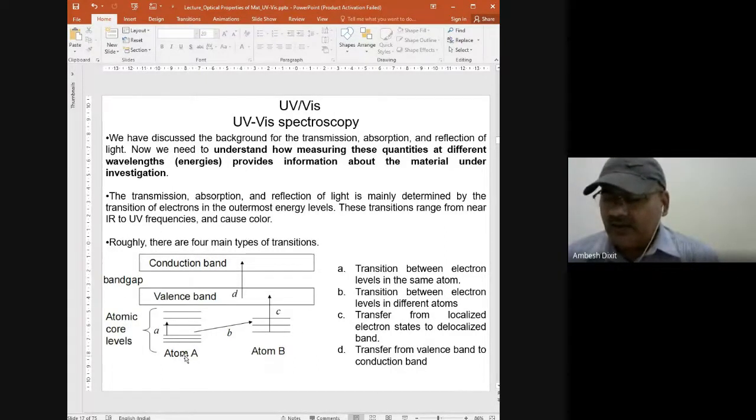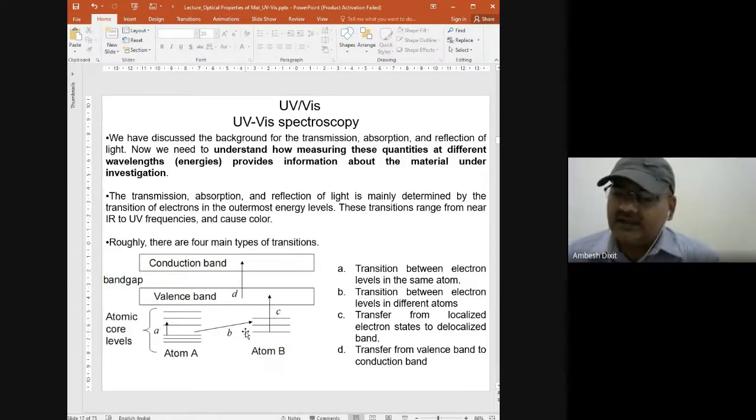We can have interatomic transitions, like transitions between the electronic levels of the same atom. If you have more than one atom, then what may happen? A transition from one atomic orbital to another atomic orbital, which we call charge transfer. Here, charge is transferring from atom A to atom B, which we call process P.